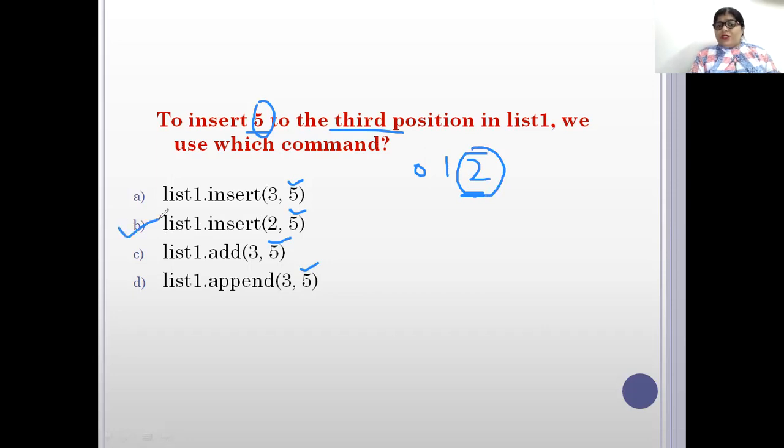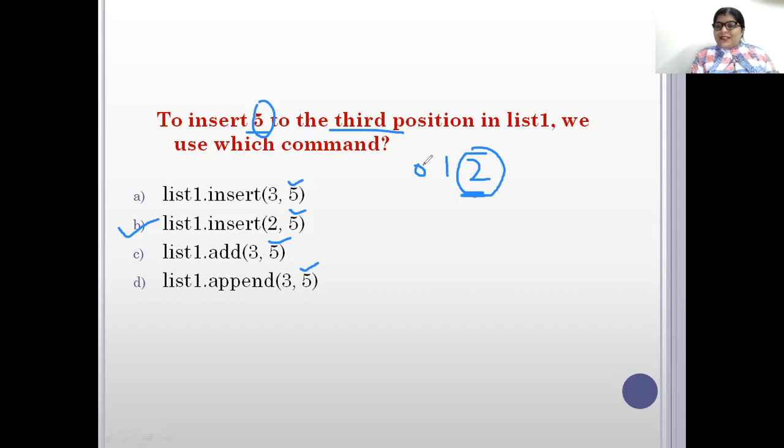So what mistake do the students make here? They just see the third position and mark it as this one. Insert this one, third. But the answer is wrong. The answer is 2 here because this is the third position. They are not saying index or anything. This is a position.